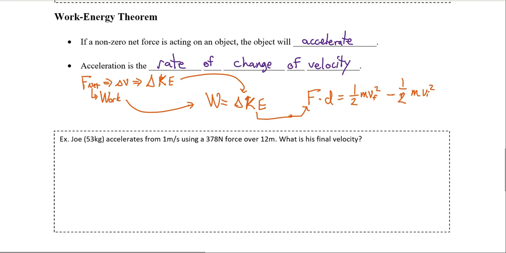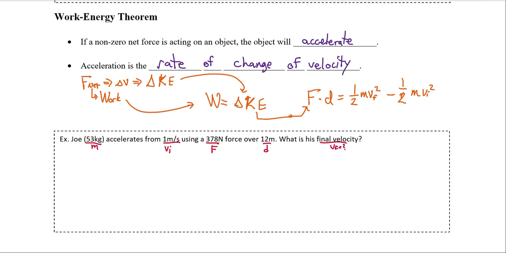Joe, who is 53 kilograms, accelerates from 1 meter per second using a 378 Newton force over 12 meters. Well, let's just go ahead and figure out what these are. This is my mass. He accelerates from 1 meter per second, which means this is my initial velocity. That's the force that's being used, and that's the displacement, 12 meters. What is his final velocity? That's what we're looking for.